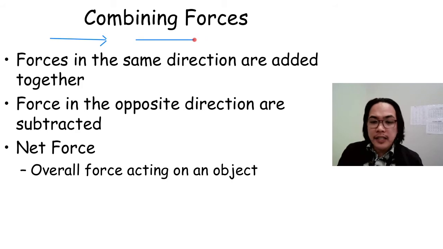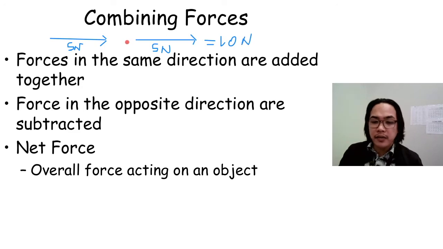Let's say, for example, you have two forces given. One force here is 5 Newtons, and the other one is 5 Newtons. Using this rule, forces in the same direction are added together, meaning the net force here is 10 Newtons.